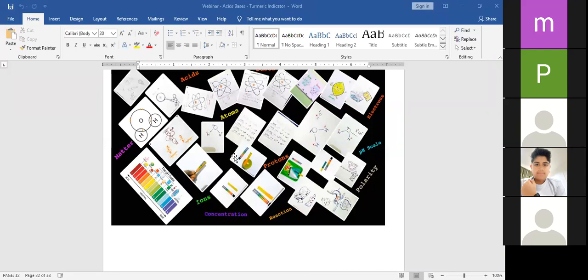Then Karthik has written down his questions. Abhinav is going to ask. Karthik has put another question: do you add acid to water or water to acid? Kailash and Abhinav have both responded saying it should be acid to water, which Karthik was not satisfied with, Kailash's explanation that it's just to prevent splashing, because he's saying I want a scientific reason, which again Kailash has clarified in the chat window.